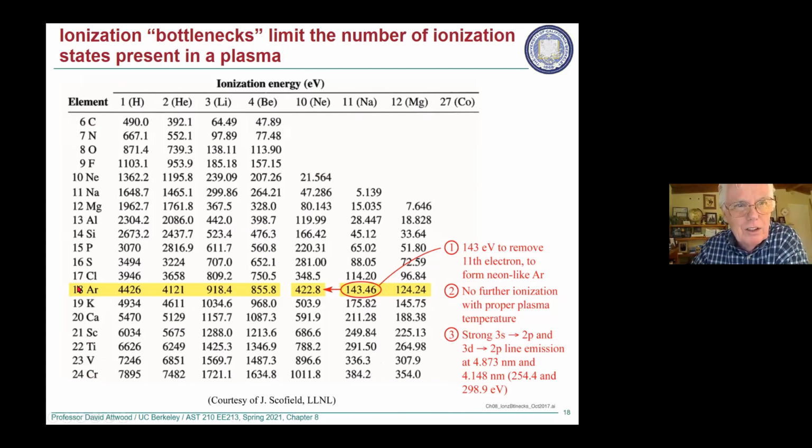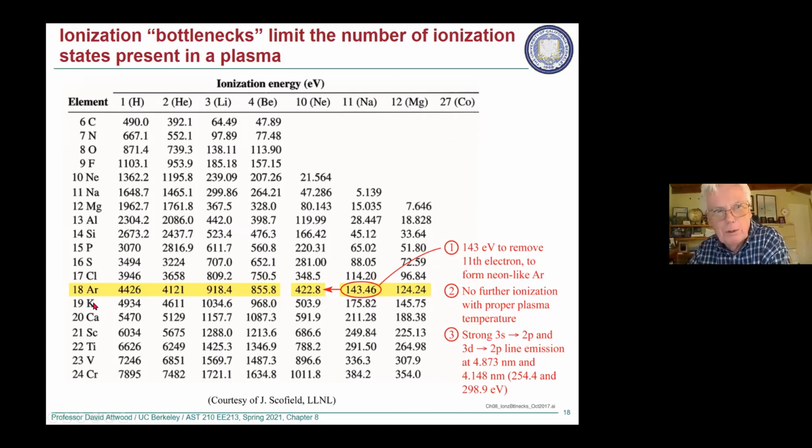But anyway, just looking at argon here, this is the ionization energy required. So for instance, for an argon ion, these are different ionization states, okay? When it says 27 cobalt, what it means is cobalt that has 27 electrons.